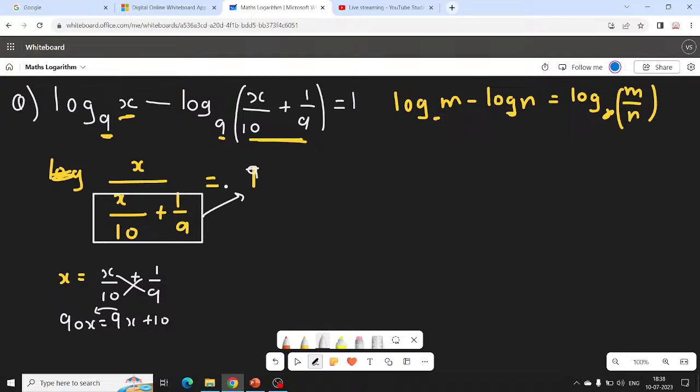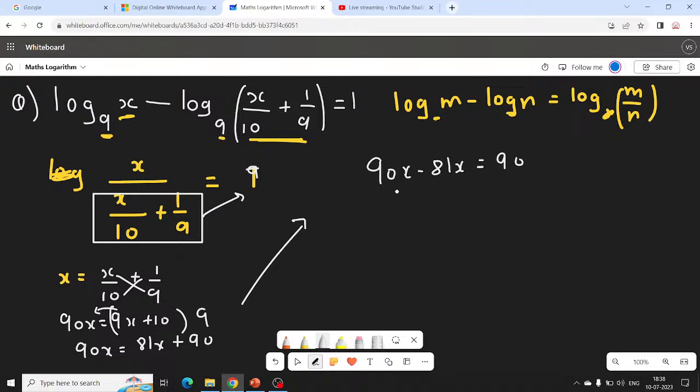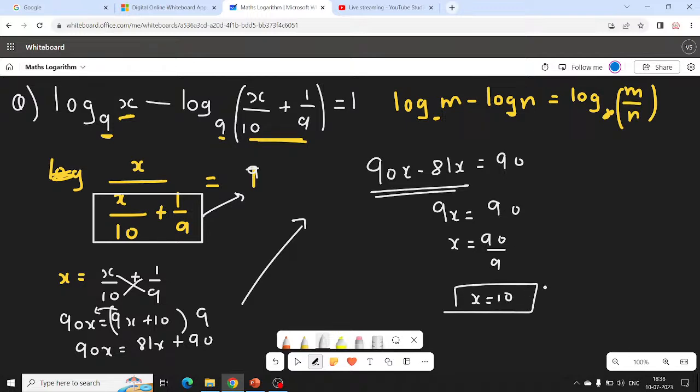Just a minute. Okay, this you multiply by 9, 90. Yeah, correct. So this becomes 90x is equal to 81x plus 90. Now the next step, 90x minus 81x is equal to 90. So 90x minus 81x is 9x is equal to 90. So x is equal to 90 divided by 9, x is equal to 10. This is how you get the answer.